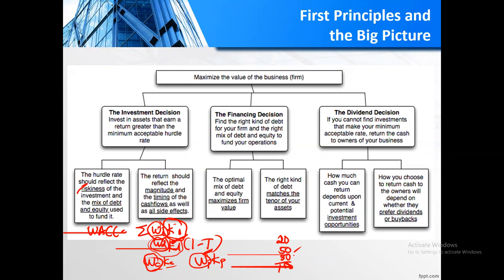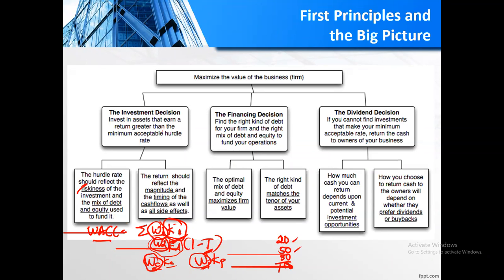The weight of the common stock will be 50%, the weight of the debt will be 20%, and the weight of the preferred stock will be 30%. That gives us the W's there, and that's the mix used to compute the hurdle rate.